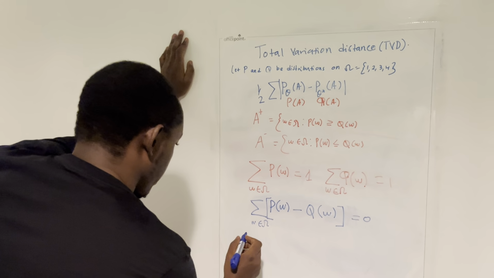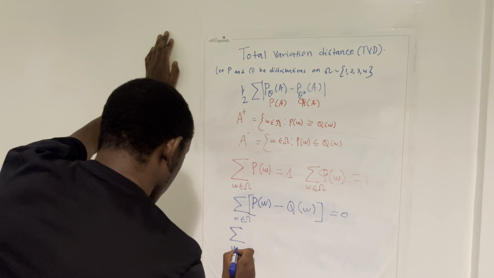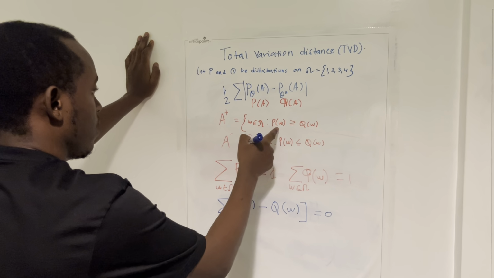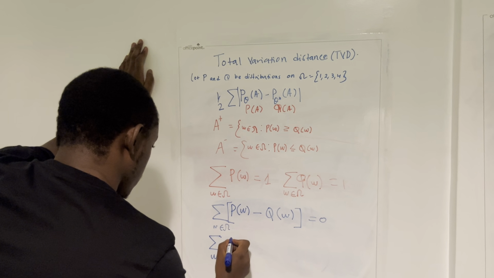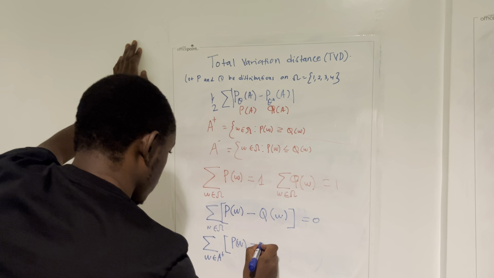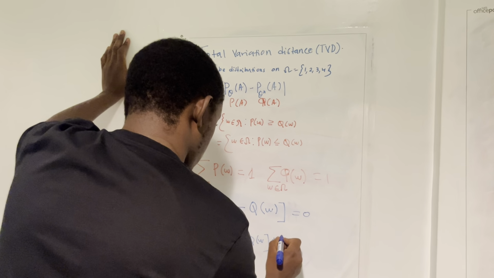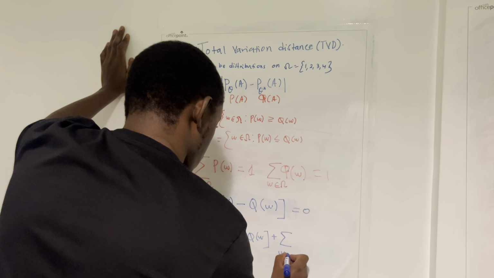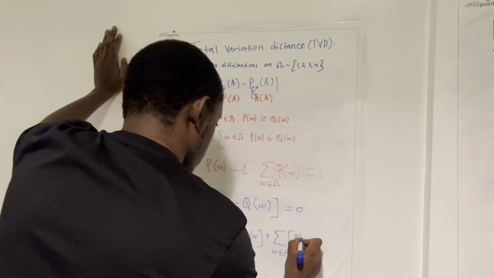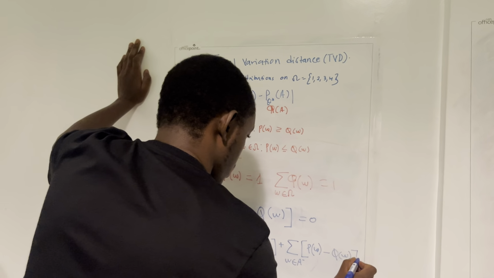Let me write something like this. Basically, we said A plus is where this P is actually greater than Q. So basically we are having P minus, and then we are going to have also omega, an element of A minus Q. This is still equal to 0.